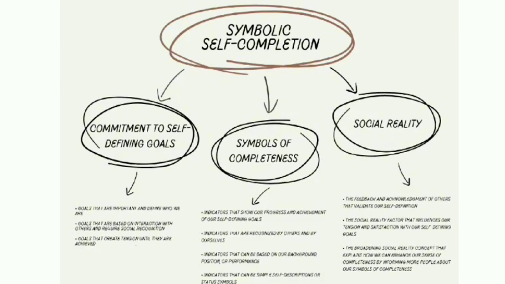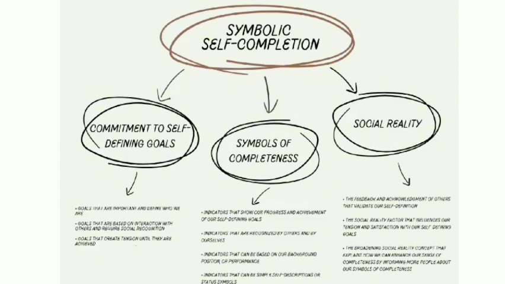They can be based on our background, for example, education and training, our position, for example, status and occupation, or our performance, such as actions and achievements. For example, a doctor might have a medical degree, work in a hospital, and save lives as symbols of completeness.